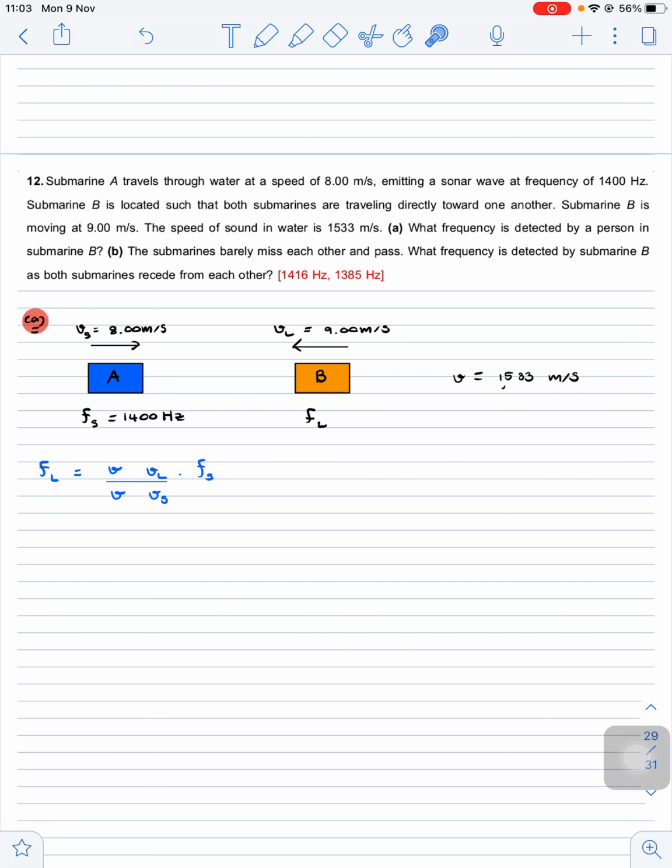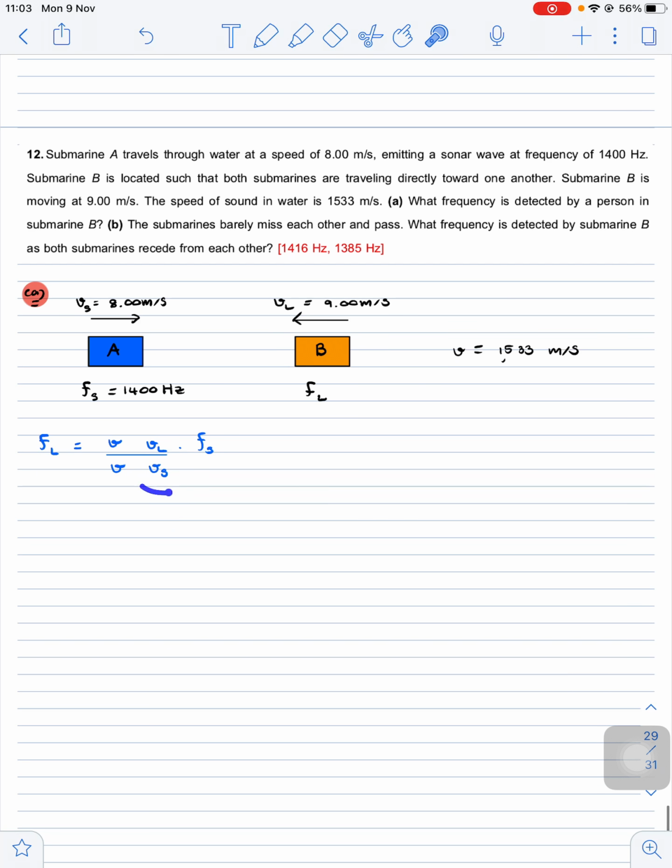If the source is moving towards the listener, the FL should be larger, because we should hear a frequency larger than the source. If we want FL to be greater, we need to pick the negative sign here, and that's it.